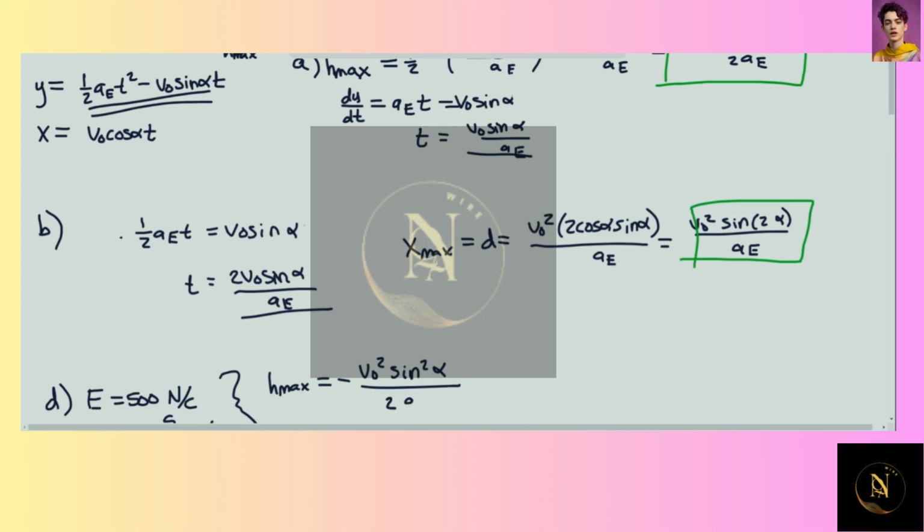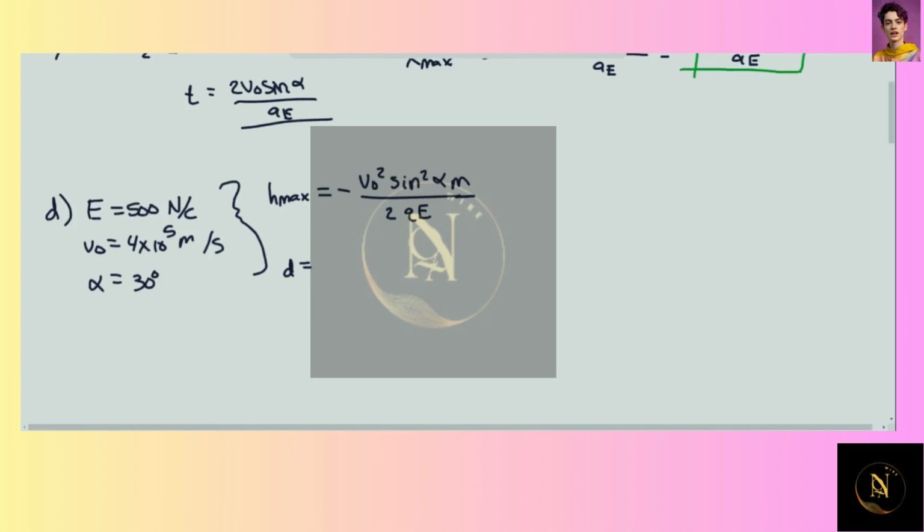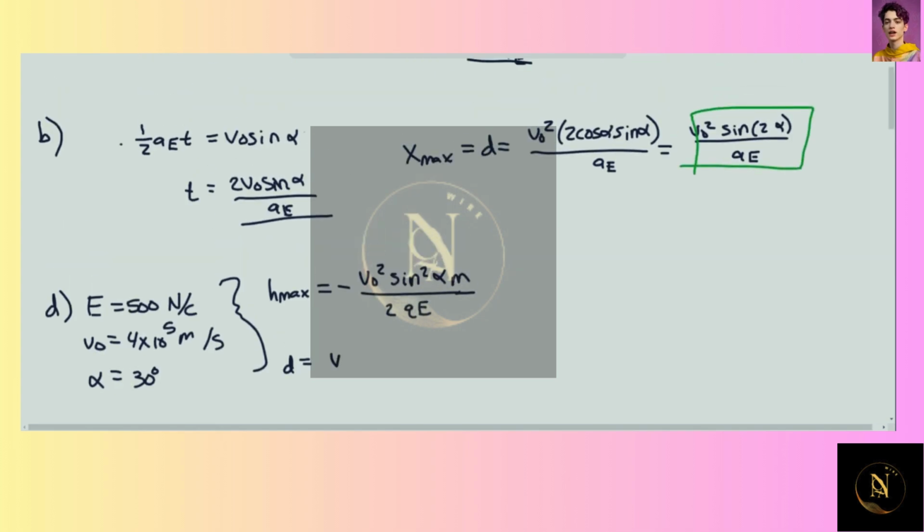A sub e was q times e over m. We'll bring m up to the top. And d was equal to v sub 0 squared times the sine of 2 alpha over a sub e. Same thing. A sub e is q times e over m, and bring m to the numerator.